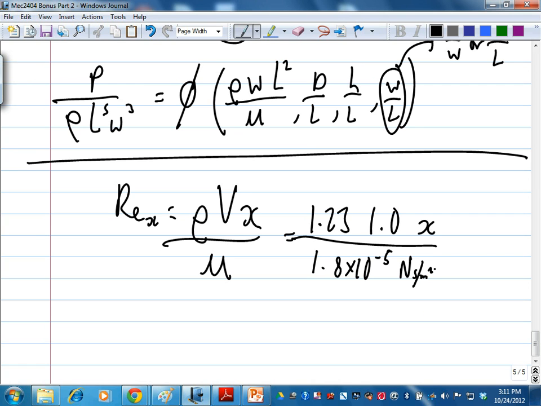And this is equal to 500,000. So x equals to, 5 marks, not bad. Alright, transition occurs at that location.